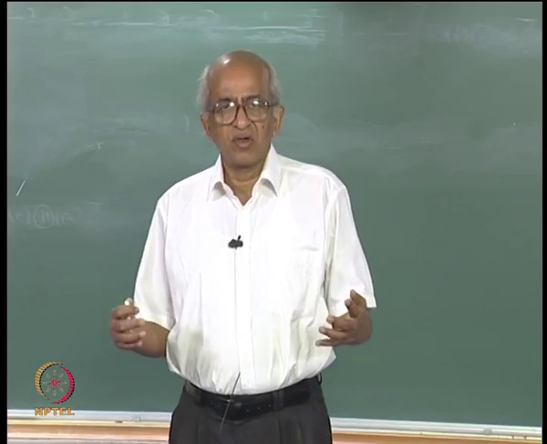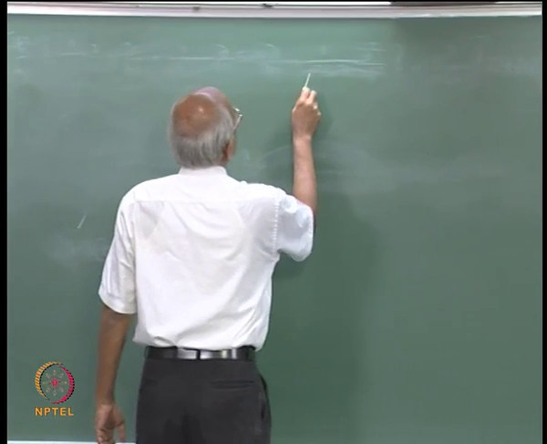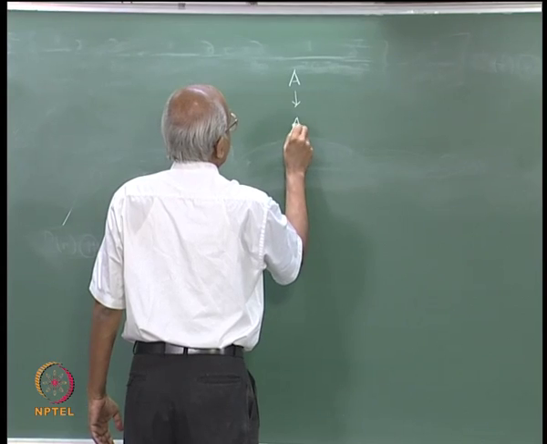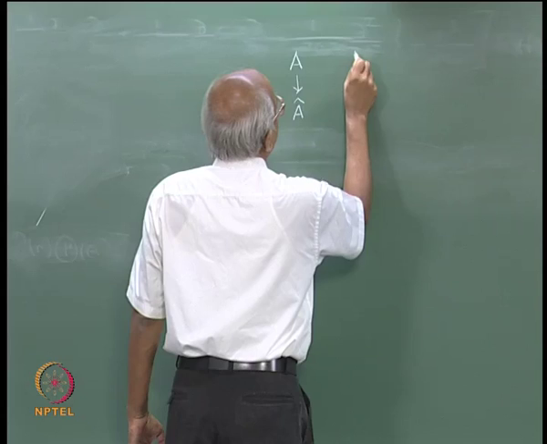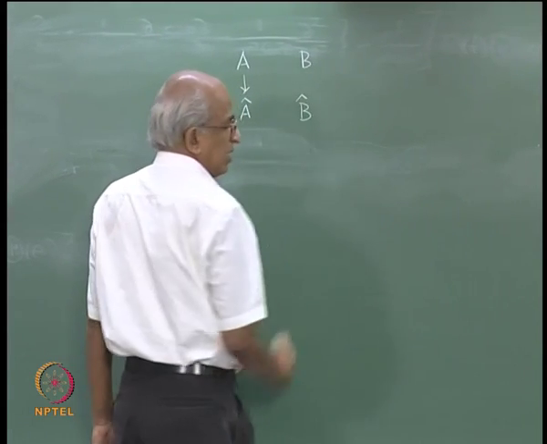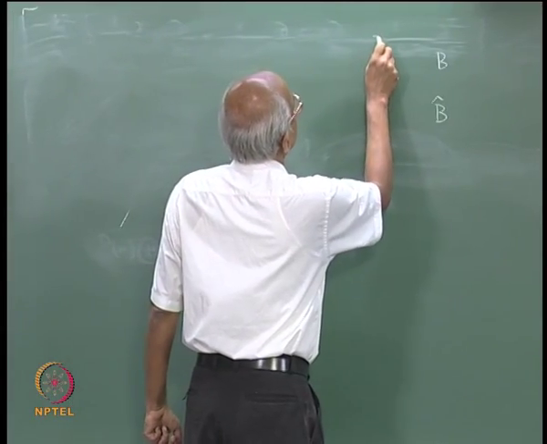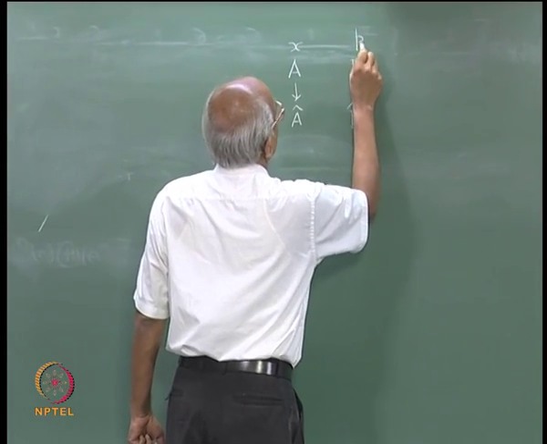Imagine that I have an observable A associated with which I have the operator which we normally denote by A with a hat on top of it, and I have another observable B associated with which we have the operator B. And for example, A could be the x coordinate of the particle and B could be the corresponding momentum.